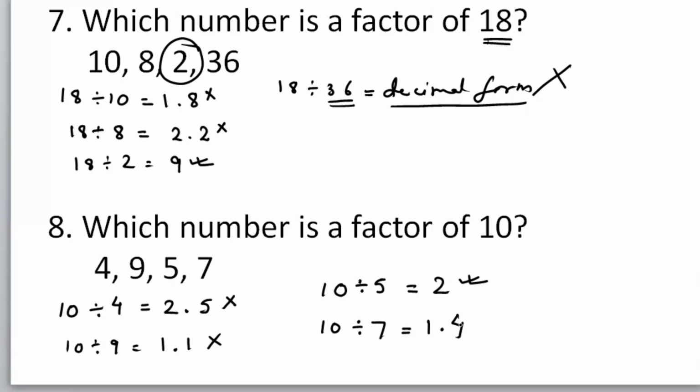So this is also in decimal form and is not a factor of 10. So what is the factor of 10 here? That is 5. It divides 10 completely. So 5 will be our answer. The factor of 10 from the given choices is 5. Understand? Now you understand how we can find the factors and multiples.